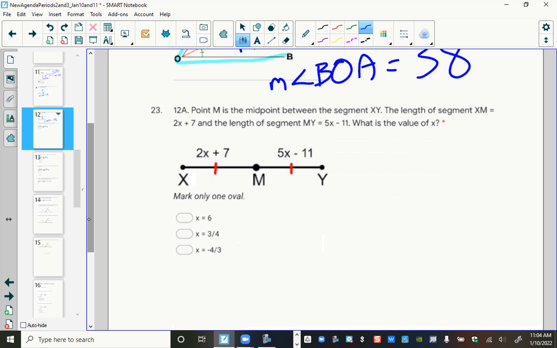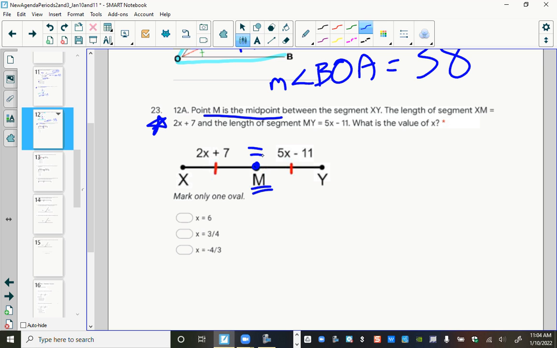Midpoint. If you have your midpoint, what do you know about both sides of the midpoint? M is your midpoint. That means both sides are what? The same. They're congruent. Midpoint is like a bisector as well.